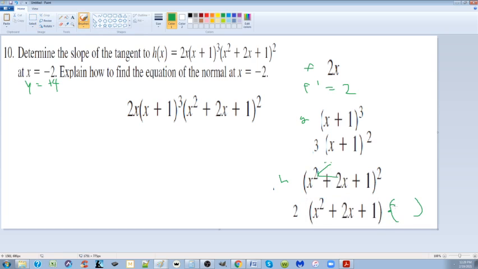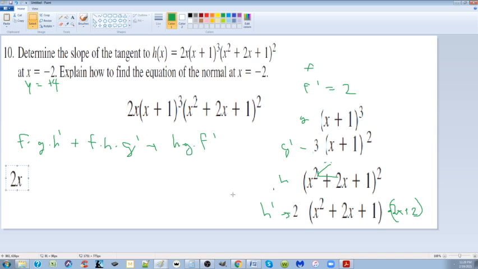Derivative of that is 2x plus 2. So now I have the derivative of h, the derivative of g, and the derivative of f. And then I just go back to my product rule, which is f times g times h prime, plus f times h times g prime, plus h times g times f prime. You're going to need a lot of room for this one. So as I do it, I'm going to slide this thing up.